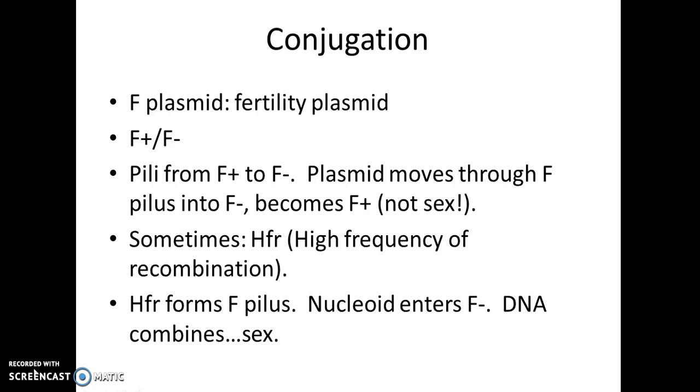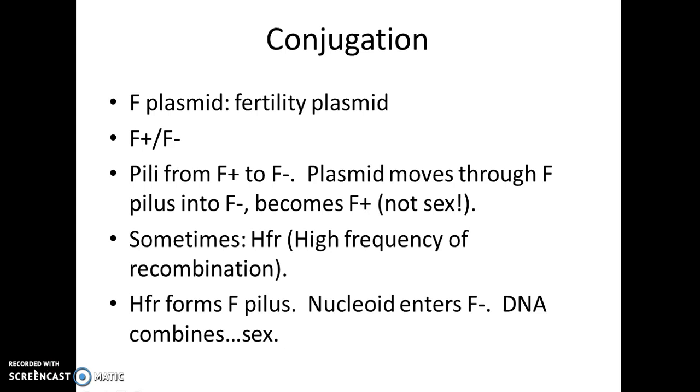And how do you get an HFR is when the F plasmid joins with the nucleoid. Write that down. The F plasmid joins with the nucleoid, and then it becomes an HFR cell. Now, the HFR, not sex yet, okay, the HFR forms an F pilus.